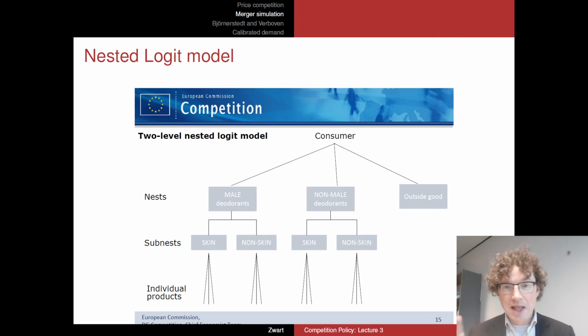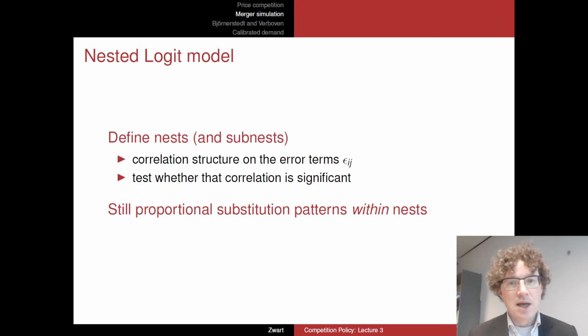So this allows for a subcategorization of these different products. What do we do with these nests or with these different categories? Well, we are going to posit a certain correlation structure on those error terms in the utility function that is consistent with these different categories.